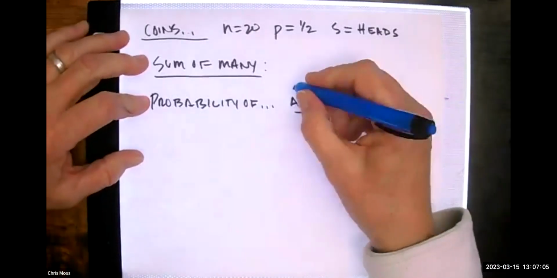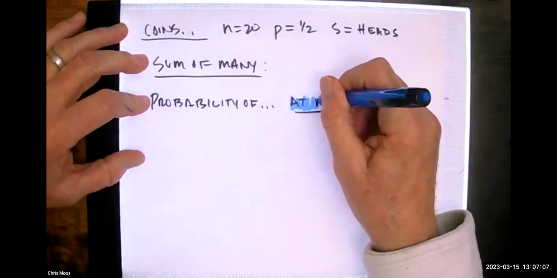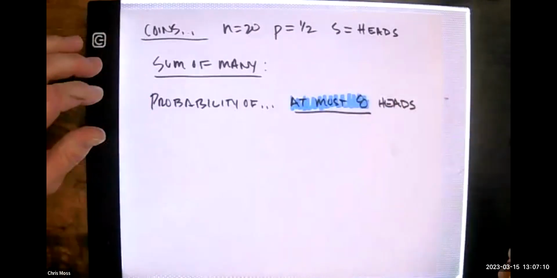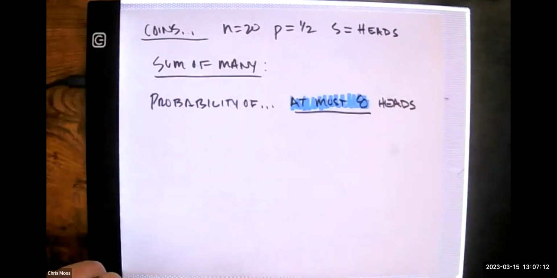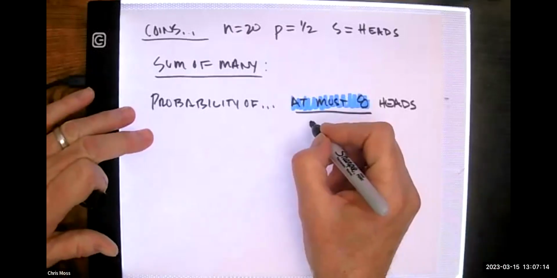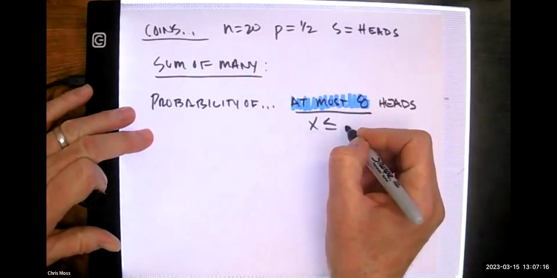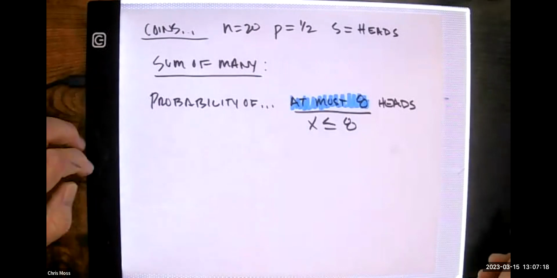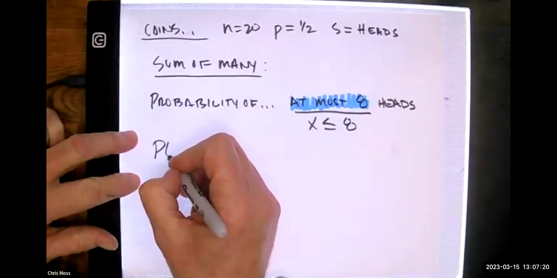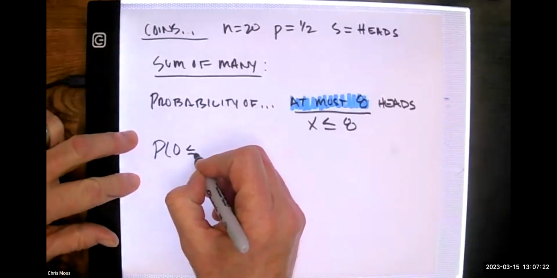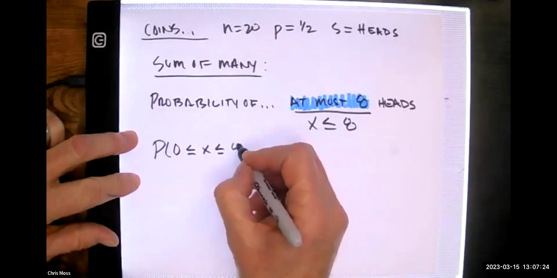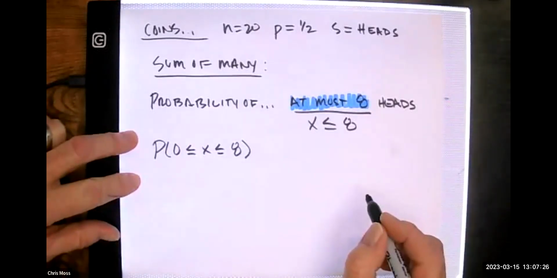All right, so at most 8 means X must be less than or equal to 8. The number of heads less than or equal to 8. So we're looking for the probability of maybe 0 heads, maybe 1, maybe 2, maybe all the way up to 8.